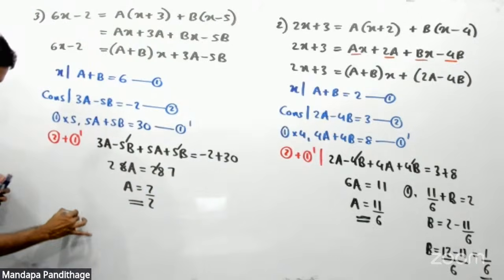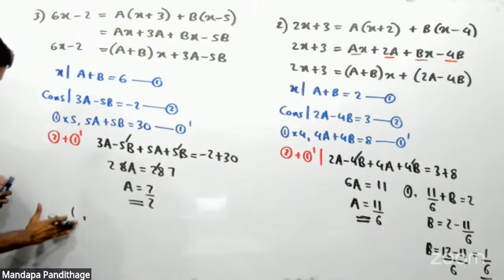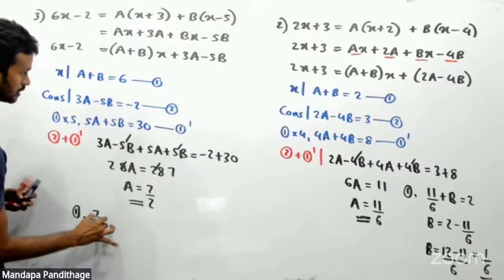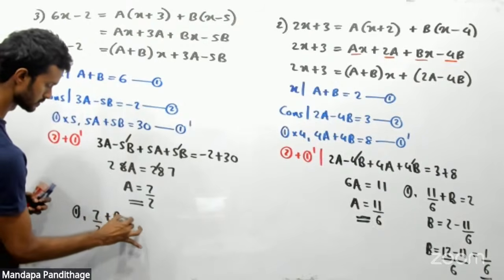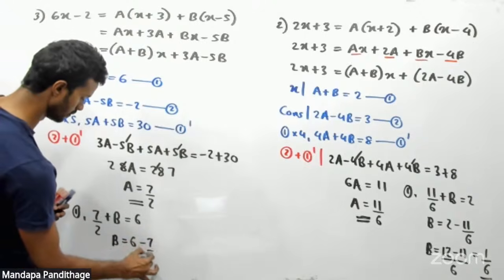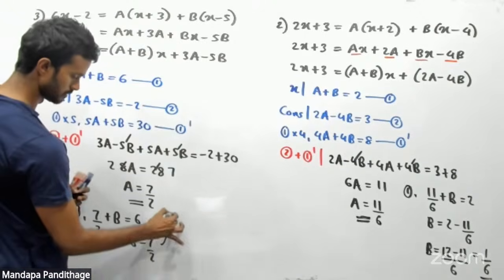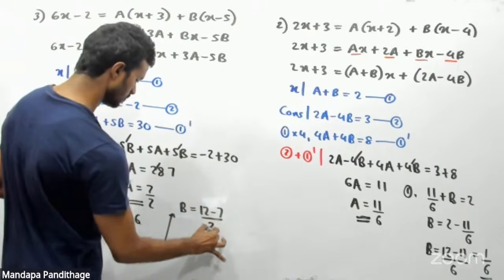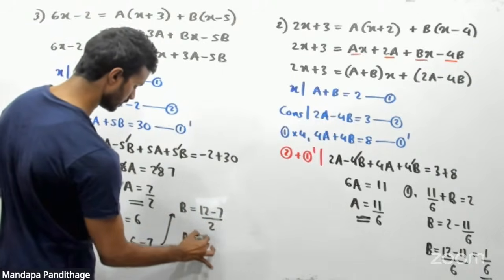And then when you substitute this in the first one, 7 over 2 plus b is equal to 6. So b is equal to 6 minus 7 over 2, which gives you b is equal to 12 minus 7 over 2. So b is equal to 5 over 2.